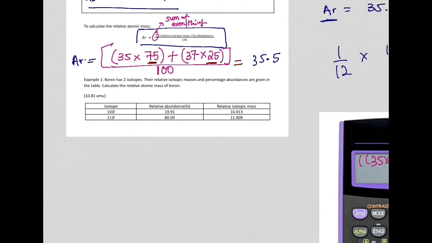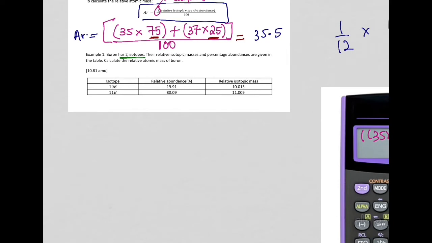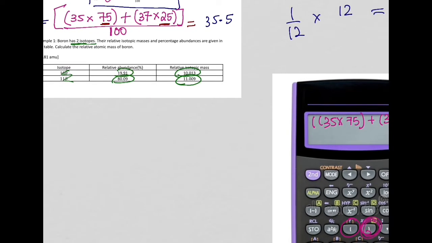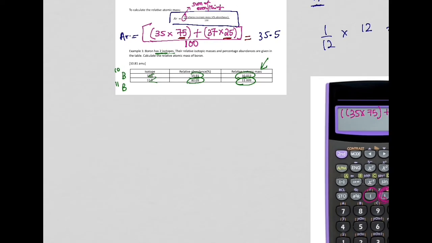Let's try another example. Boron has two isotopes, boron 10 and boron 11. The abundance is given and the relative isotopic mass is given. This is the exact relative isotopic mass. This one here has been rounded up.